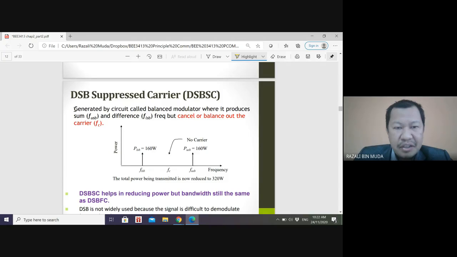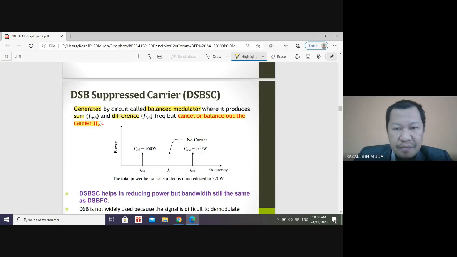It can be generated using a circuit called a balanced modulator, where it produces the sum and difference: the sum is USB and the difference is LSB. Sum is plus, difference is minus frequency, but it cancels or balances out the carrier.